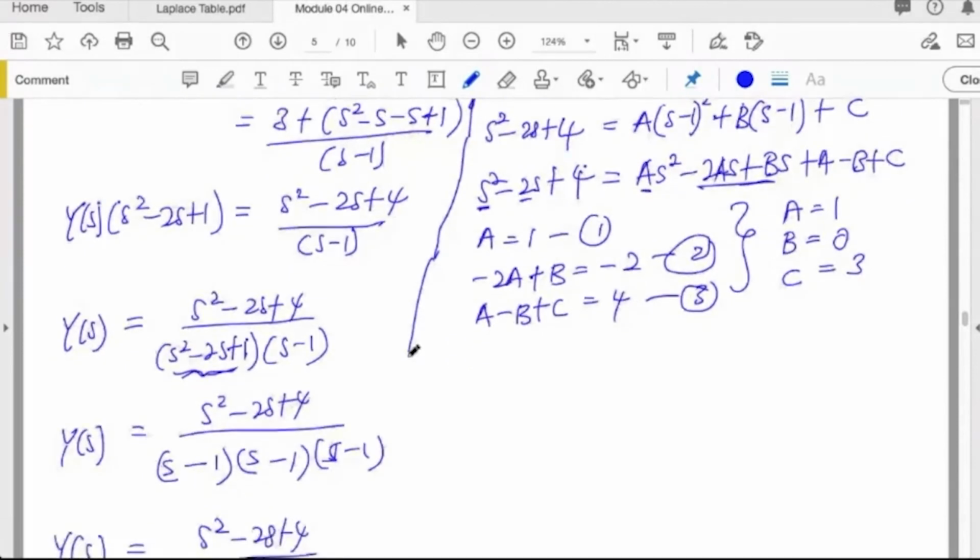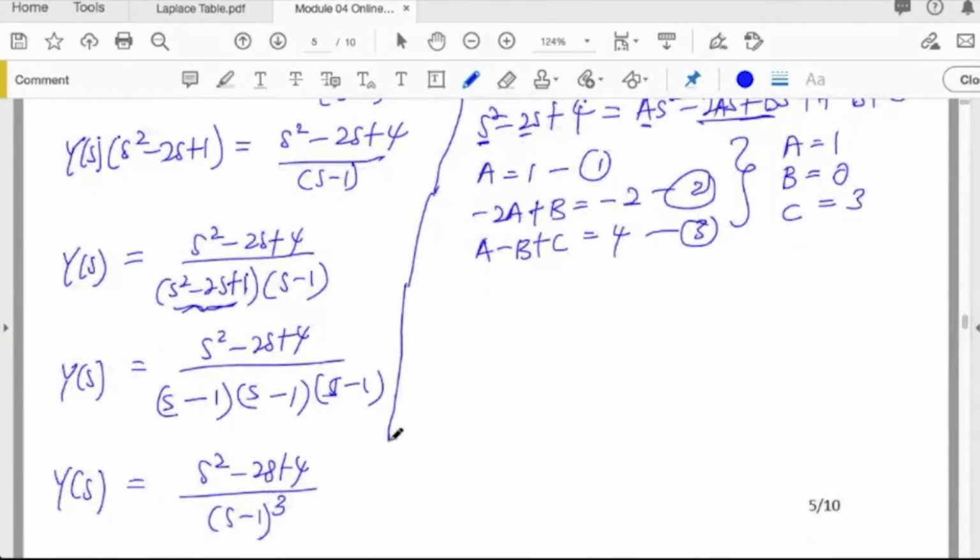Therefore, your function Y(s) will be equal to a is 1, over s minus 1, plus you don't have b, so it becomes 0, plus c is 3, divided by (s minus 1) to the power of 3. Okay, so that is your Y(s) function after you put in the values of the coefficients a, b, and c.